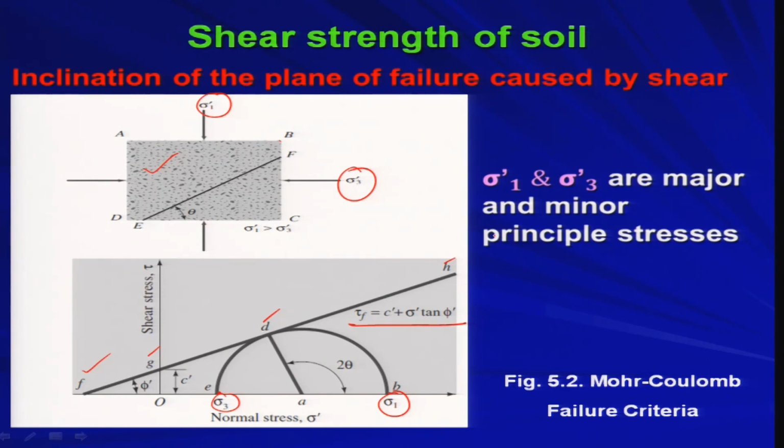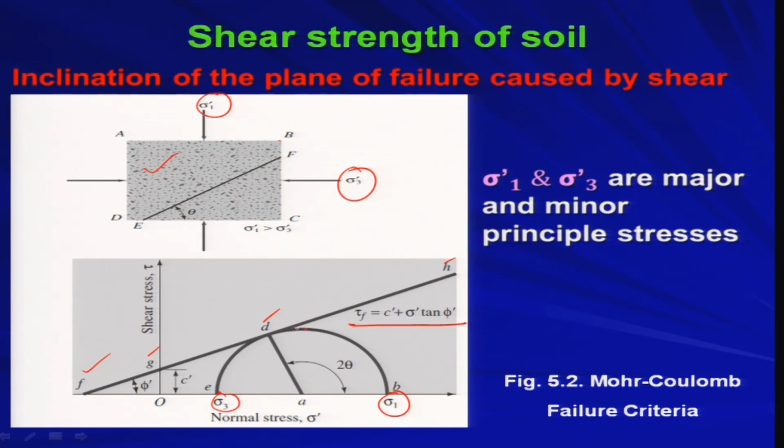Now, you see here, what is your maximum normal stress? This is nothing but the major principal stress. Are you getting the failure there? No. Now, what is your maximum shear stress? Your maximum shear stress is lying somewhere here, that is the radius of the circle. Are you getting the failure there?